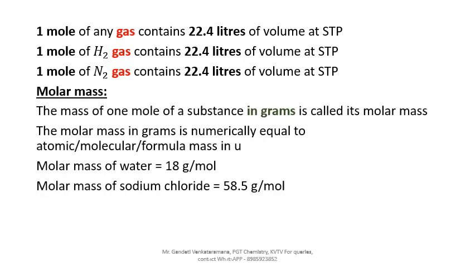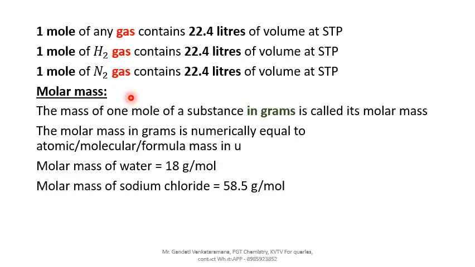Next one, molar mass. So already we discussed molecular mass, the mass of the molecule. Molecular mass, simply, is the mass of the molecule. A molecule consists of some number of atoms. If you add the mass of all the atoms, then we will get the mass of the molecule, that is called molecular mass.